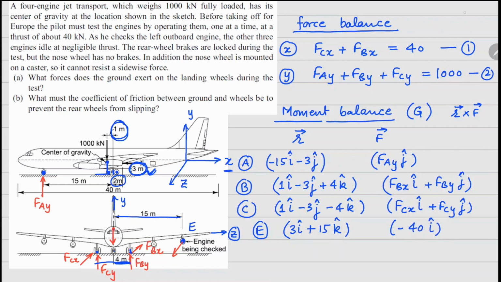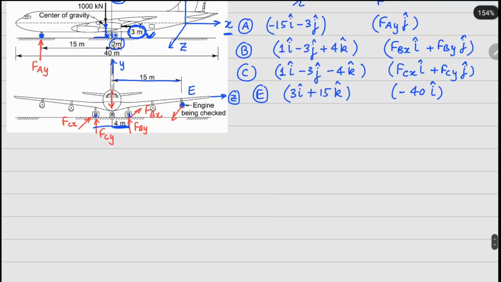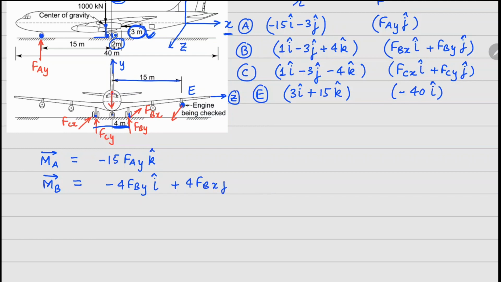I cap direction. Now if I simplify these movement values, your moment because of forces at A will come out to be minus 15 FAY in the K cap direction. The moment because of point B will be minus 4 FBY I cap plus 4 FBX J cap and plus 3 FBX plus FBY K cap.